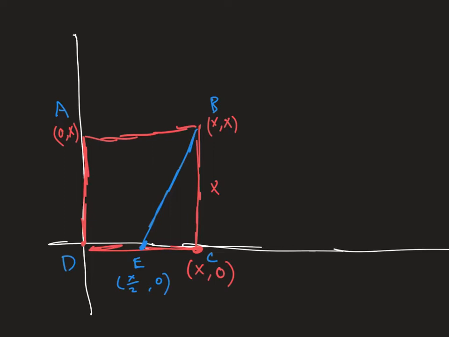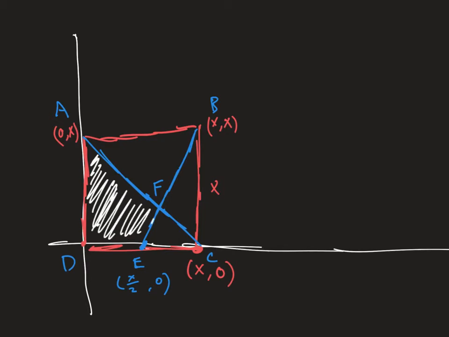So now what else does the problem tell us? It tells us that EB, this blue line I have drawn, intersects the diagonal AC, and it meets at a point F. It also tells us that the area of this shaded region, which is a quadrilateral, has an area of 45.